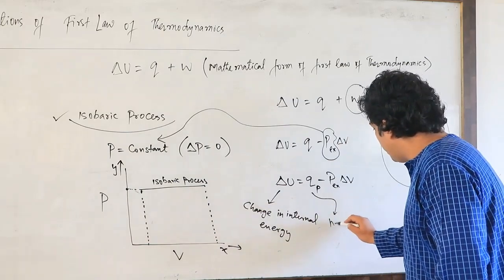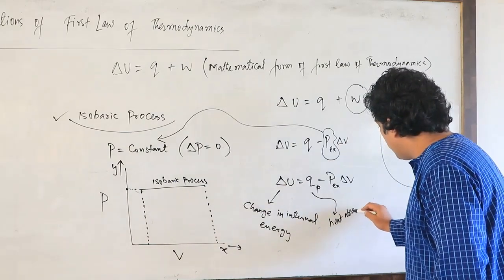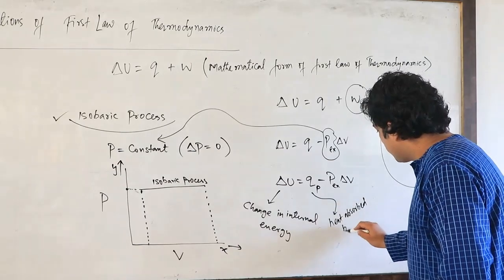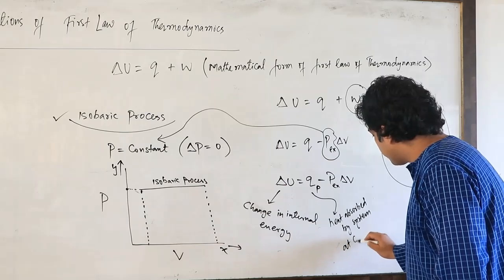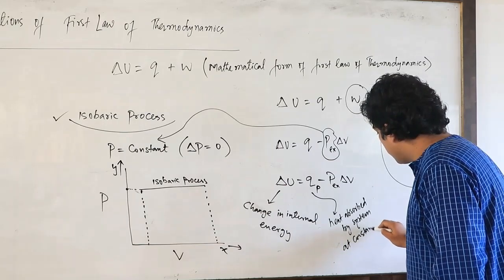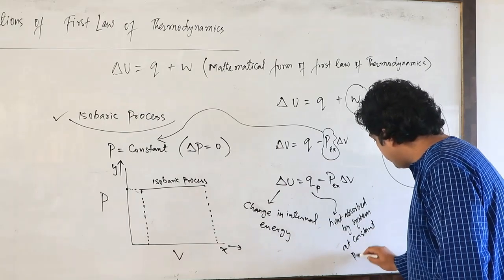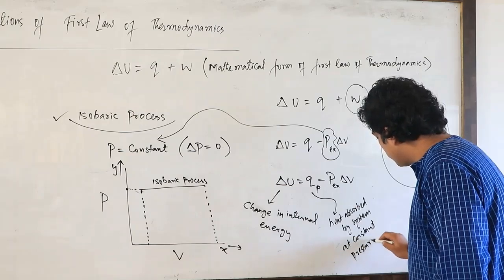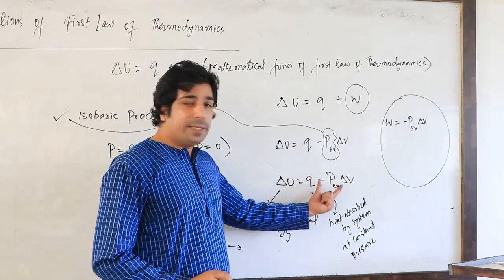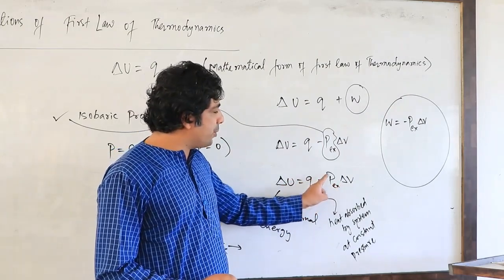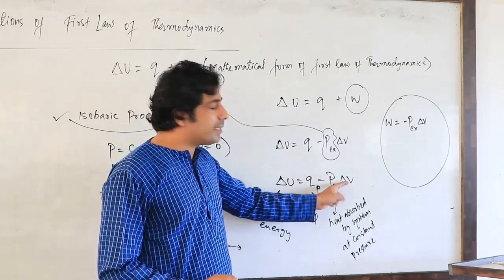Q_P stands for heat absorbed by system at constant pressure. Now look here, if we see this particular term, it is negative P external delta V.